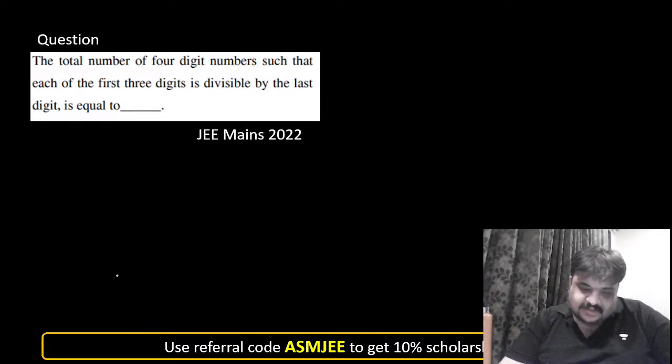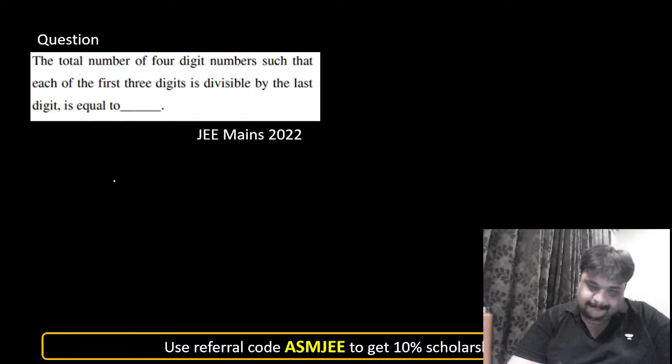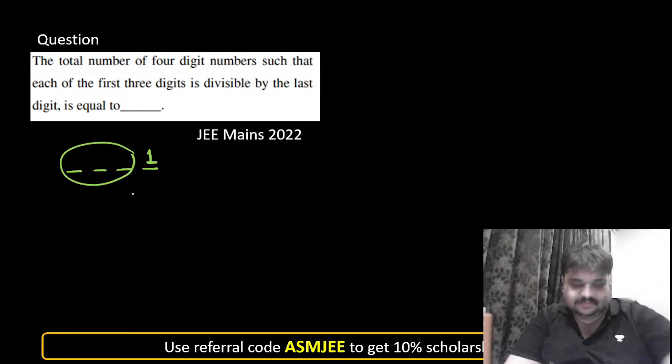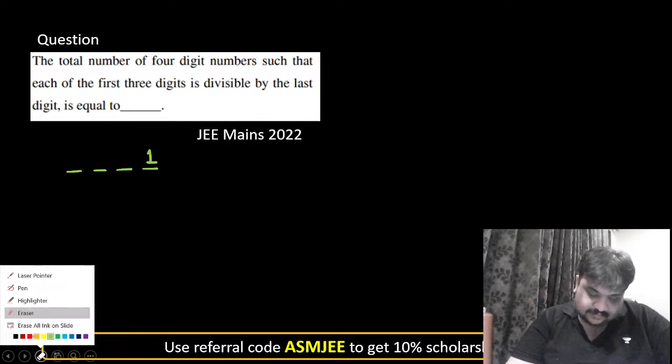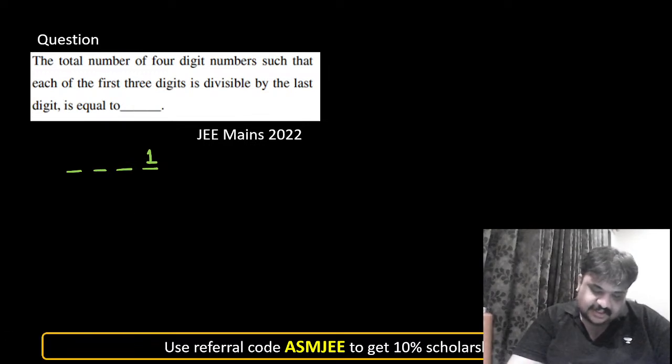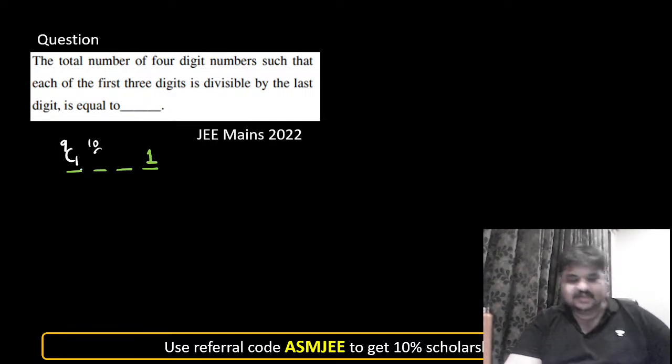Total number of 4-digit numbers such that each of first 3 digits is divisible by last digit. So if last digit is 1, you can have anything here. So you can have 9 options here, then 10. Is 0 divisible by 1?